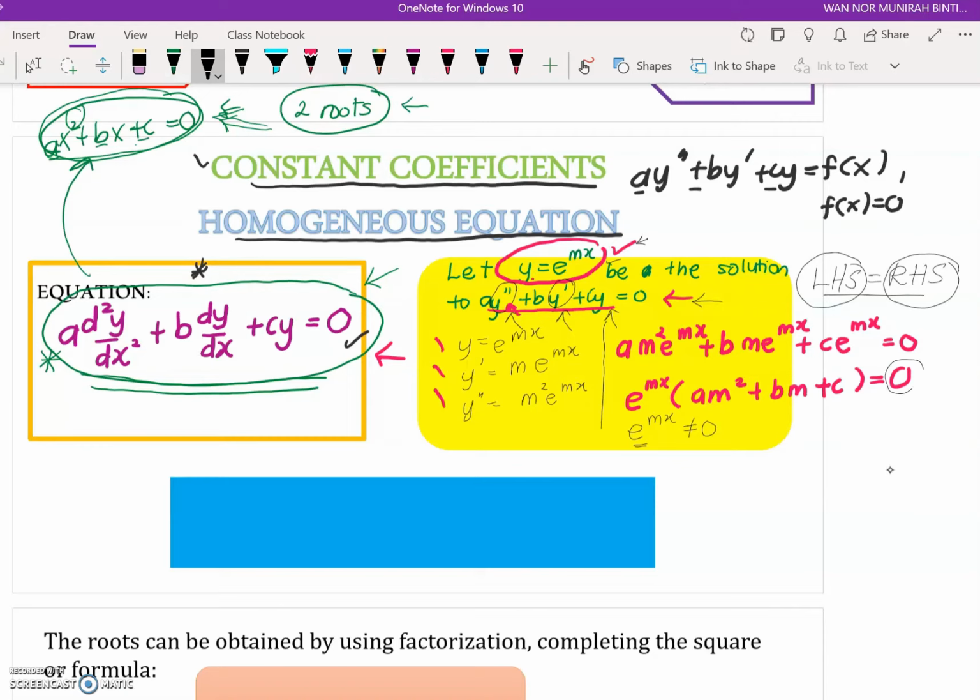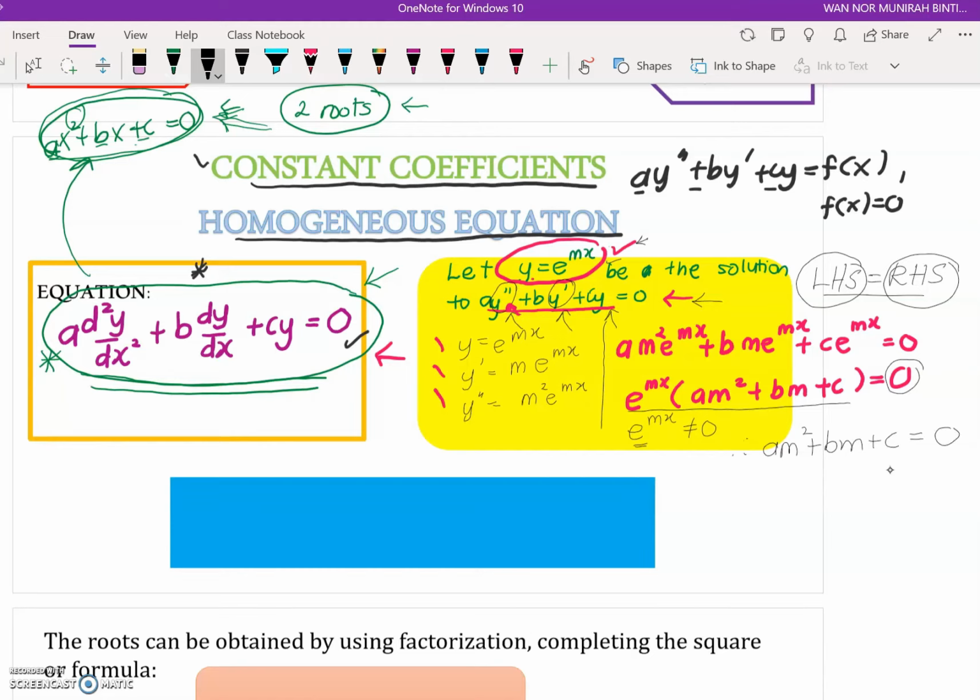The right hand side equals 0, so you must turn the left hand side into 0. Since e^mx cannot be 0, we can say that therefore am square plus bm plus c is 0.